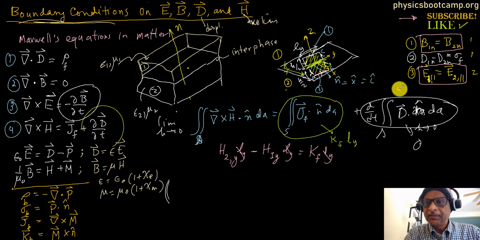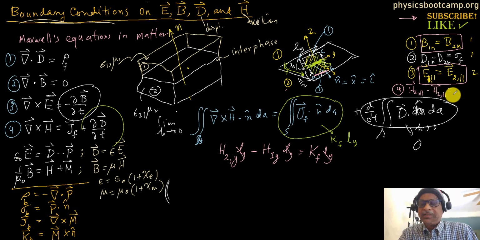This shows that H2 parallel, as a vector, minus H1 parallel, since you can take a loop in an arbitrary direction, is going to be K_f vector.